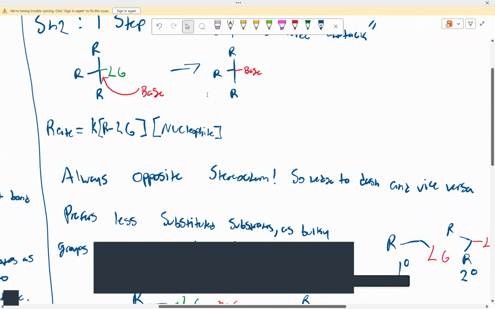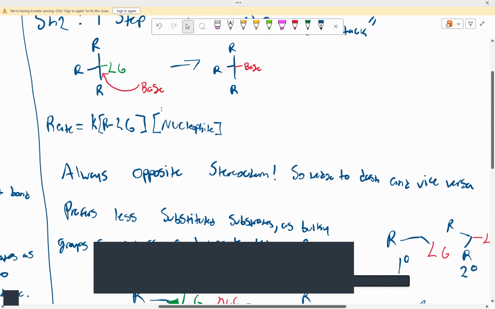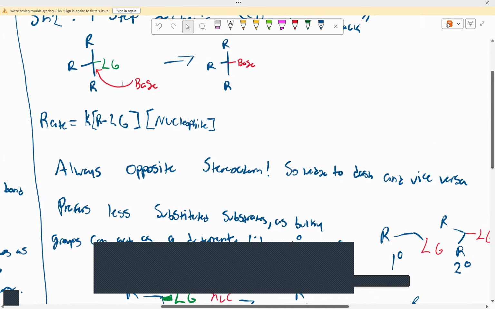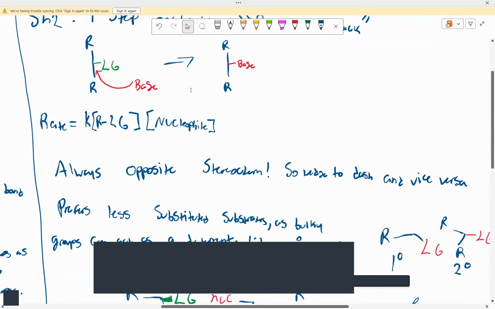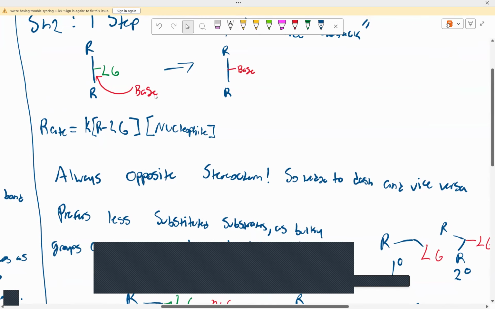Because it's a concerted mechanism, there are some intermediates, but they're not distinct steps by themselves. So here we have our R group. And this shouldn't be tertiary. Most of these are typically secondary, just because of steric hindrance. And I'll explain it more in a little bit.